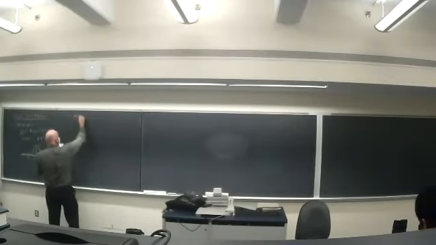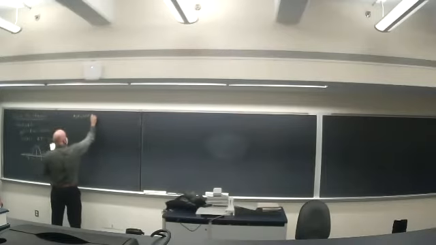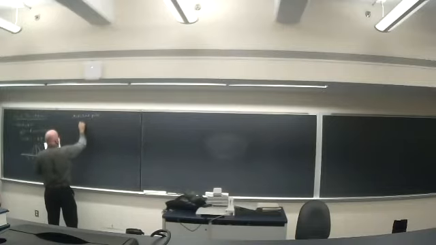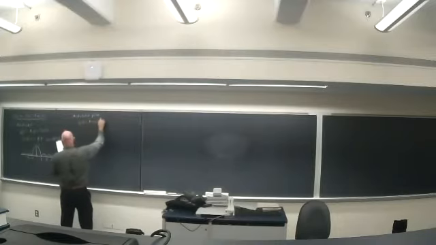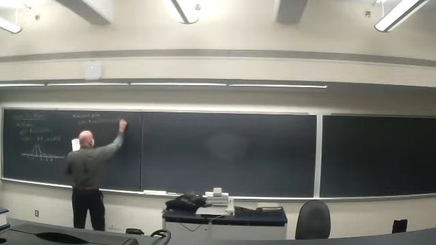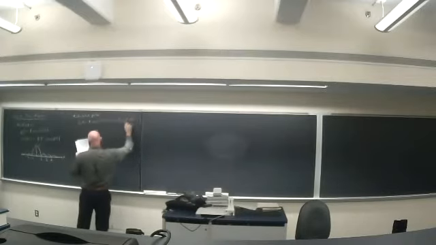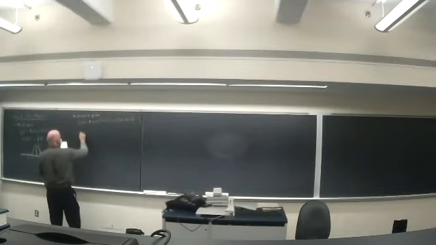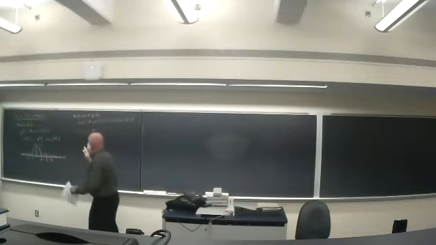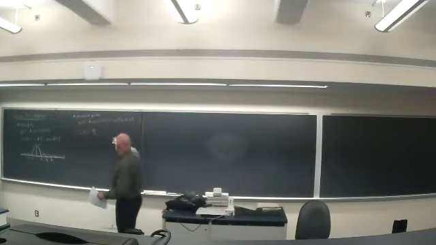Now we're taking a look at a modulated pulse. s(t) is A rect(t/T) cosine(2 pi fc t). Remember, what we get is 1/2 the spectrum shifted to the left by fc and then shifted to the right by fc.